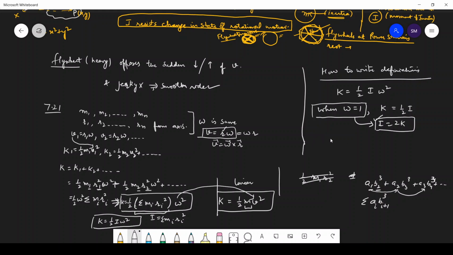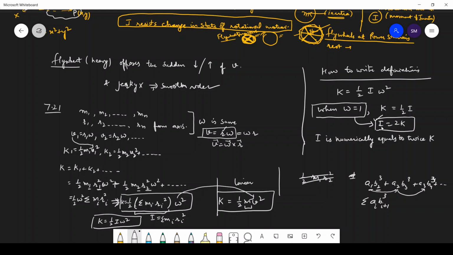So you can write it as moment of inertia of a rigid body about an axis of rotation is numerically equals to twice the rotational kinetic energy.